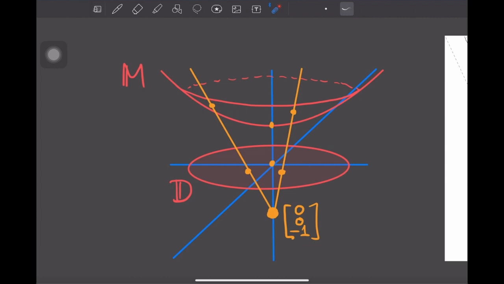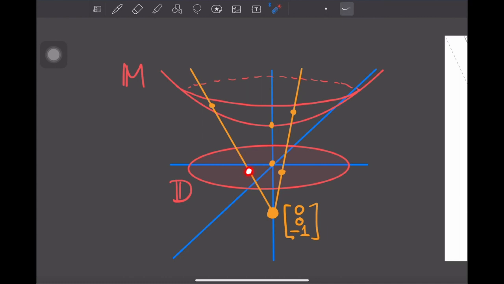And how do you come up with a formula? It's completely analogous to how you come up with a formula in the case of the sphere and C bar. Let's say I have a point in the unit disk, something like x plus iy, or the point (x, y, 0), and I want to see what point in the hyperboloid it corresponds to.